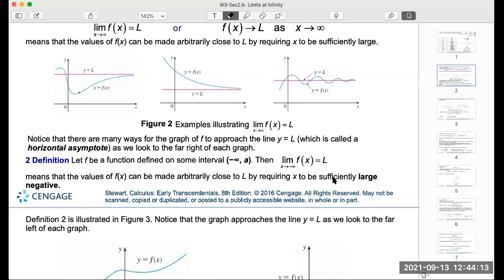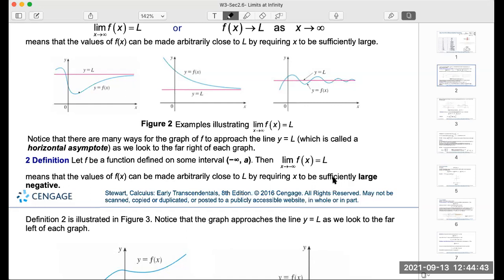So for any given function, how many horizontal asymptotes do we have in general? Yes, or sometimes we may have two, right? If x goes to infinity, f of x approaches 3, for example, and the limit of f of x when x goes to negative infinity approaches 0, this is another horizontal asymptote.